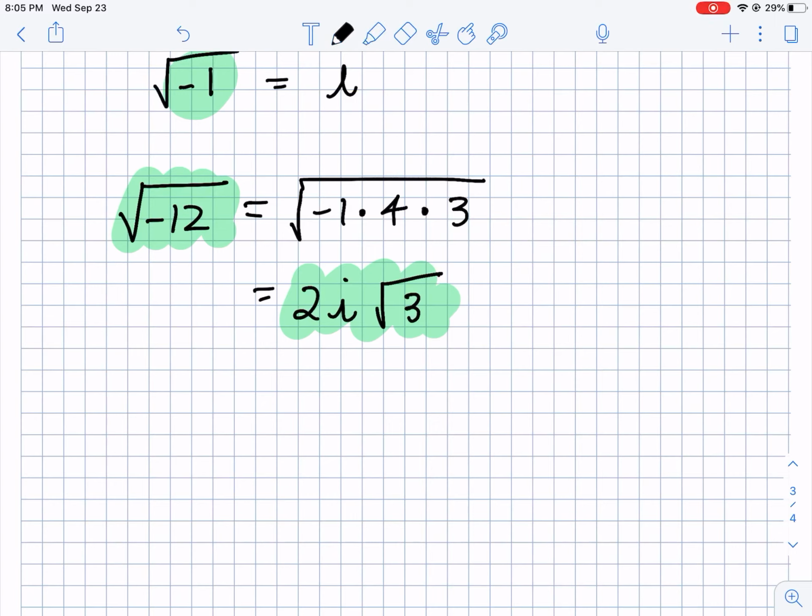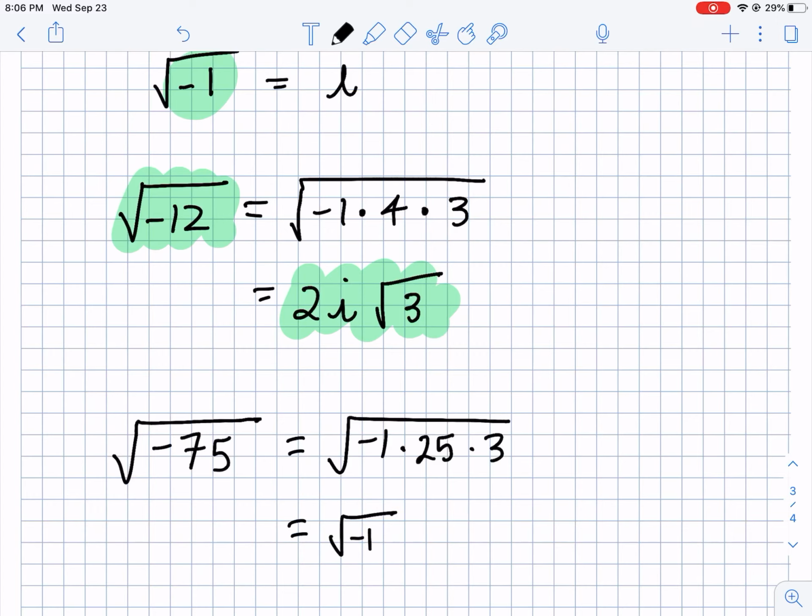And if we did the square root of negative, say, 75, pause, do, come back. You're back. That means you paused, you did, and you have an answer. Here's the way I think about it. I think about it as negative 1 times 25 times 3. 25 is a perfect square.